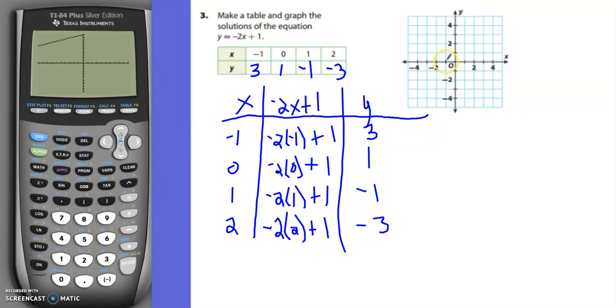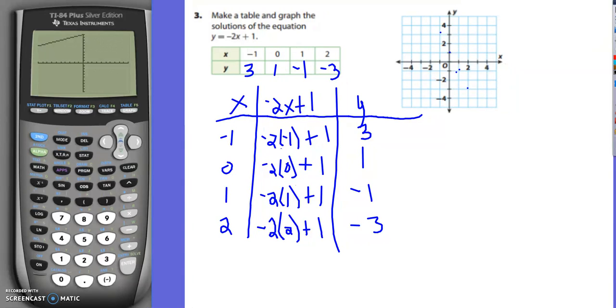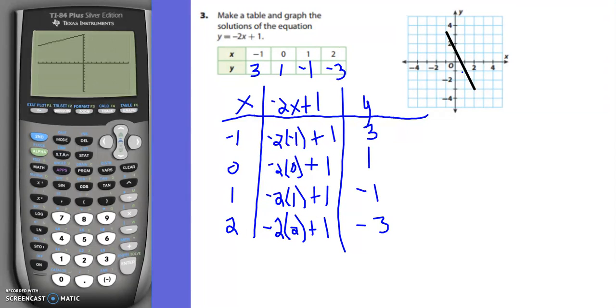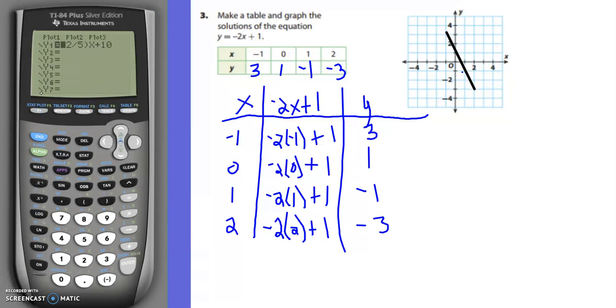When we graph the ordered pairs, negative 1, 3, 0, 1, 1, negative 1, and 2, negative 3, they form our straight line. Okay, and so that is our line. If you want to check it in the table, you can do the same thing that we've done in the last example.